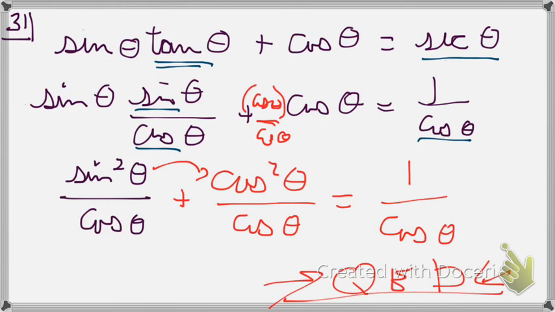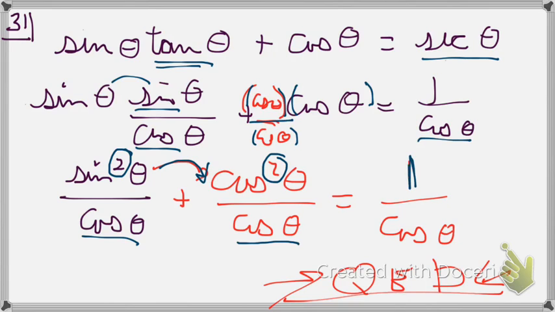Now, sine times sine is sine squared over cosine. Now, to get a common denominator with this cosine, I need to multiply by cosine theta over cosine theta, so that gives me cosine squared theta over cosine theta. Sine squared plus cosine squared is 1. The common denominator is cosine theta. That is finished.